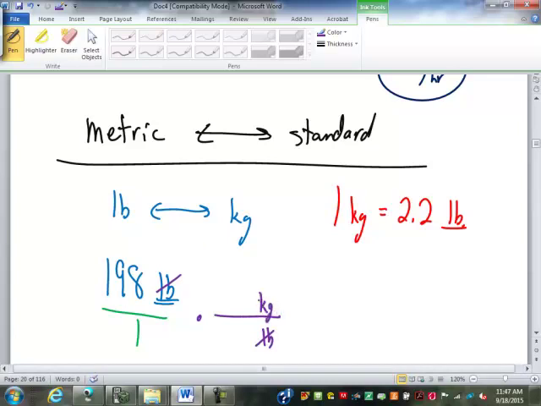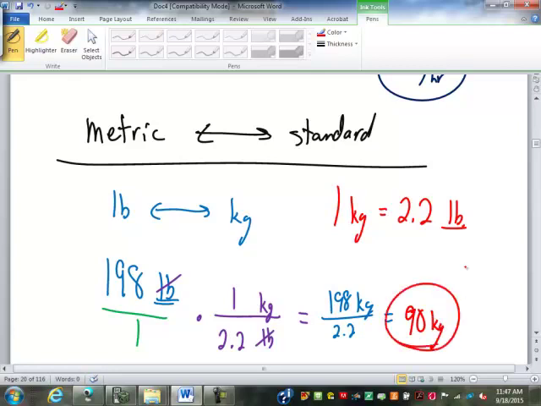What's our relationship between kilograms and pounds? 1 kilogram, 2.2 pounds. So 198 times 1 kilogram is 198 kilograms. 1 times 2.2 is 2.2. 198 divided by 2.2 is 90 kilograms. So a 198 pound patient is a 90 kilogram patient.